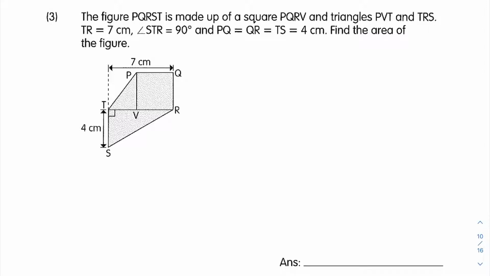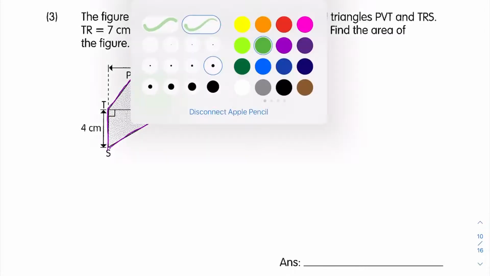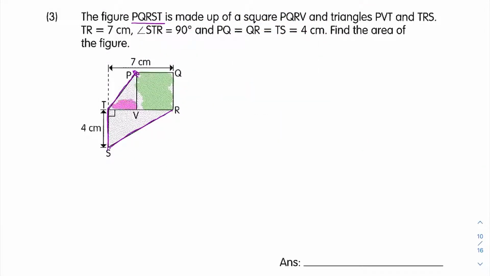Question 3. The figure PQRST and then back to P is made up of a square PQRV. So this is the square it's made up of. Triangles PVT, so let's use a different color for this, PVT, and TRS.